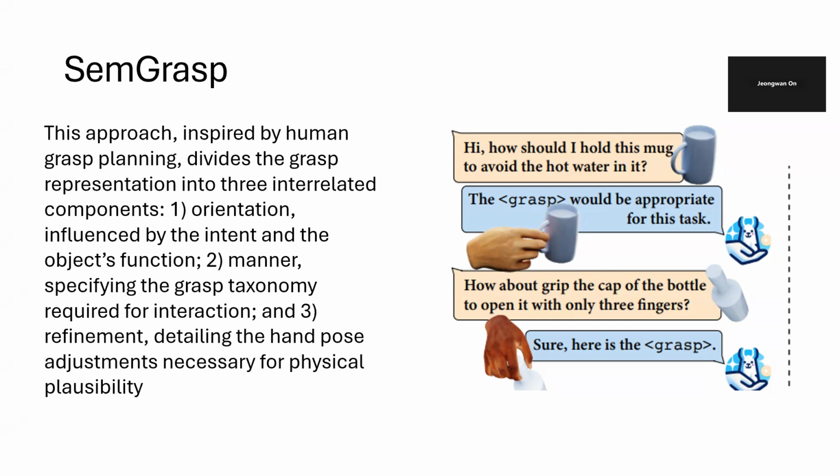The grasp token can then be used to generate the manual hand pose.